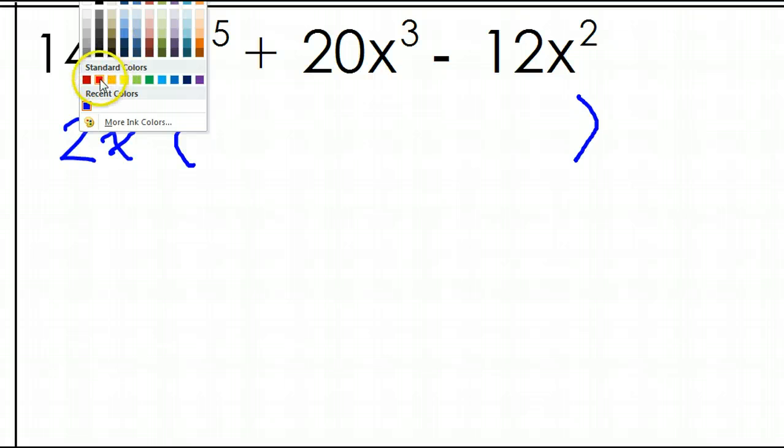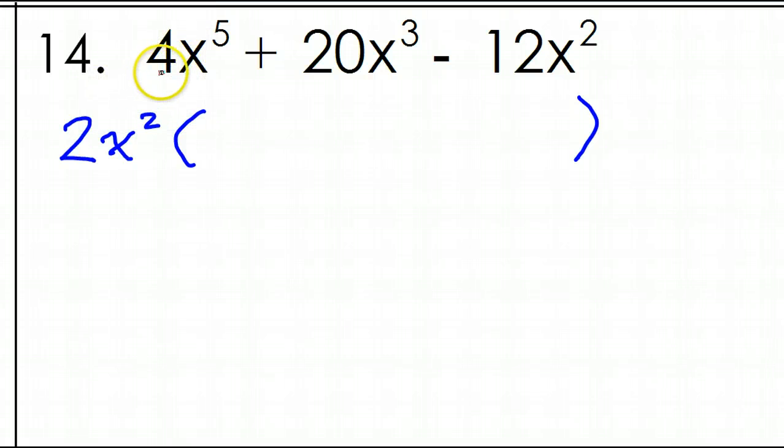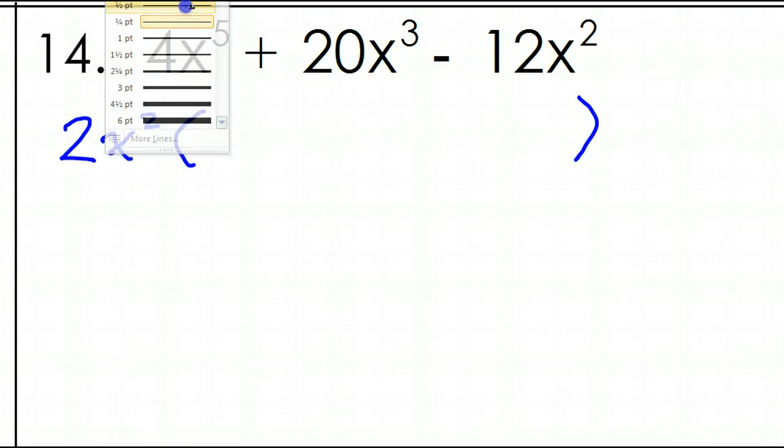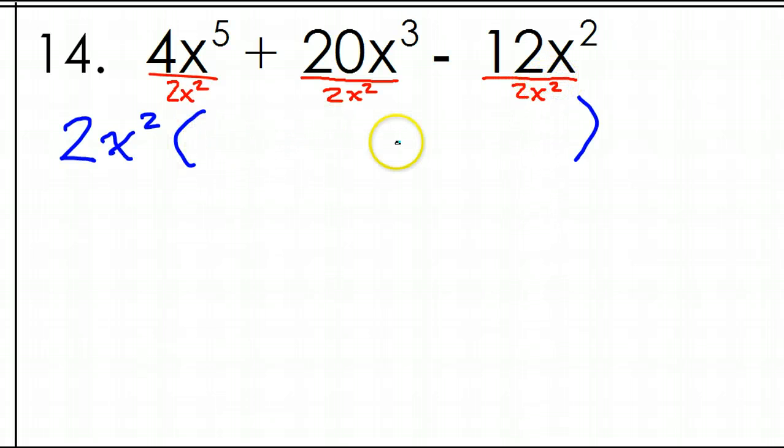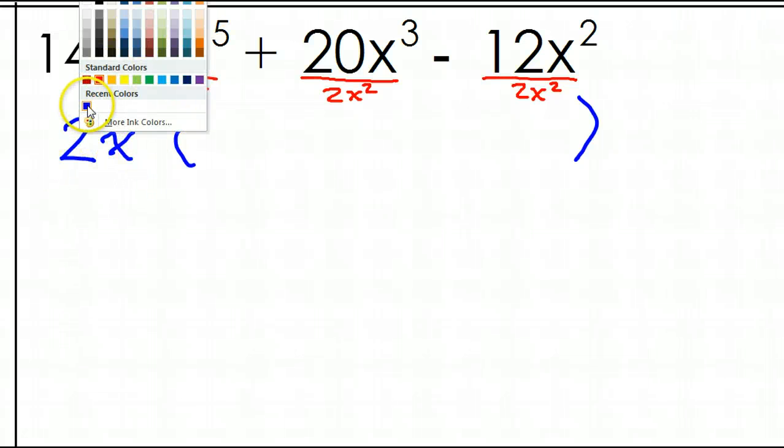Now remember, what you are really doing is dividing everything by your GCF. So you're dividing by 2x squared everywhere. That's how you really decide what goes on the inside, dividing by your greatest common factor.